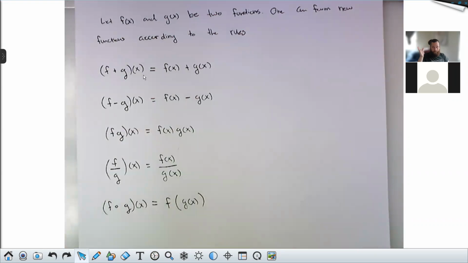I said our first kind of task is going to be to understand what the domain of each of these new functions is in terms of the domains of f and g.